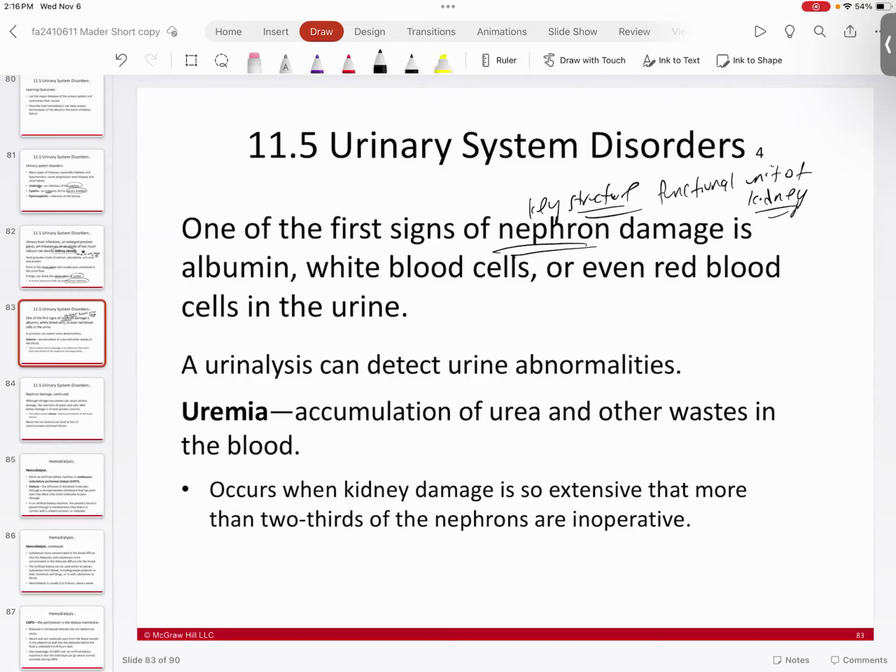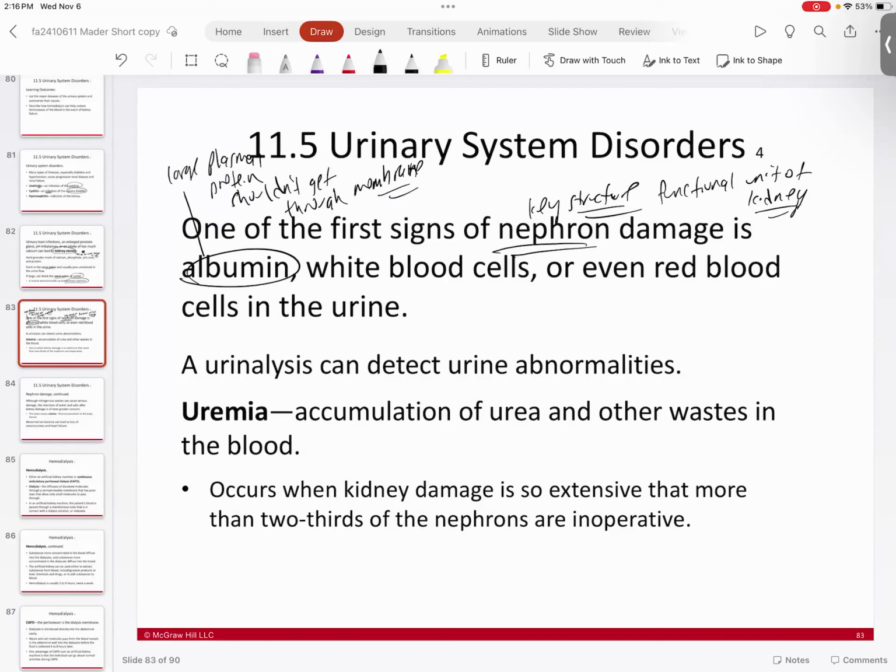So what are some of the first signs? Number one is you start to see abnormal accumulations of things in your urine that shouldn't be there. For instance, albumin. This is one of those large plasma proteins. It shouldn't get through the filtration membrane. So that shouldn't even make it into the filtrate.